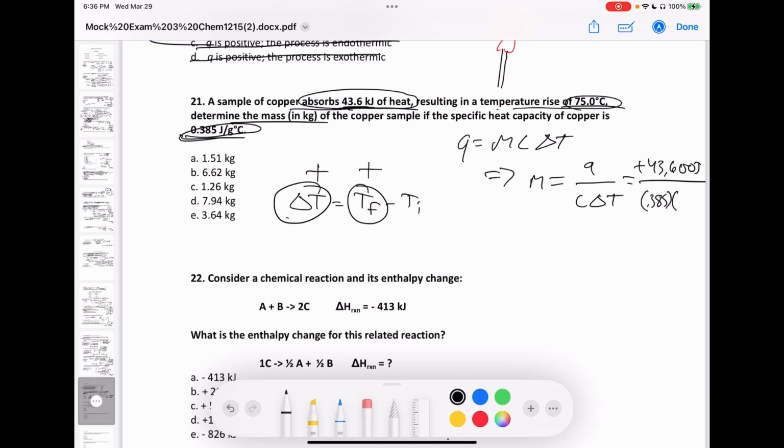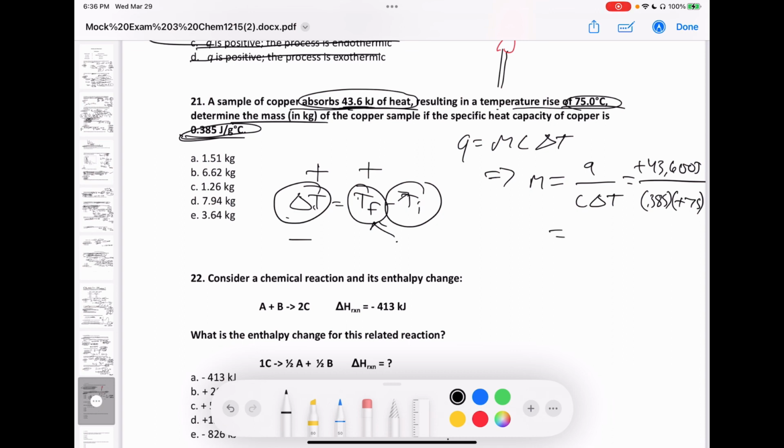So it'll be a positive 75. If it were the other way around, a temperature decrease of 75 Celsius, then on this inside part of T final minus T initial, delta T would be negative, so temperature initial would have to be greater than temperature final.